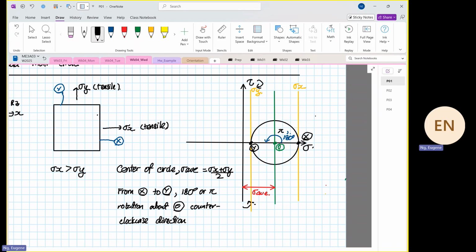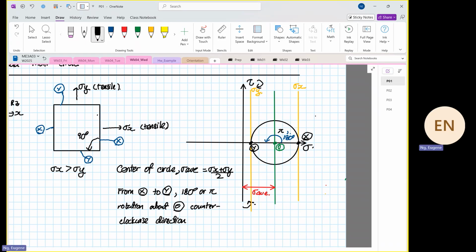From point X to point Y. Okay, so from point X, you can also call this surface point Y. It means the same thing, okay? So this is your point Y, and this also can be your point X, okay? So from point X to point Y, you realize that the angle of rotation is also how many degrees?